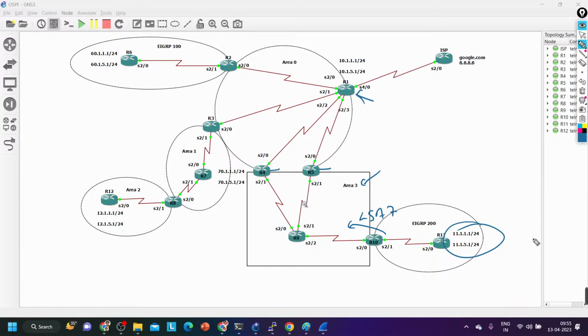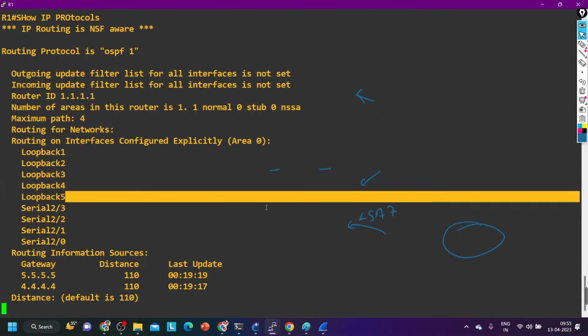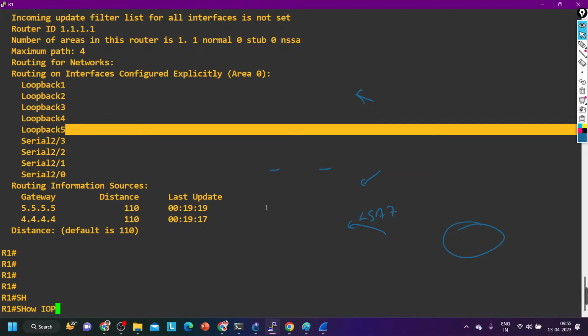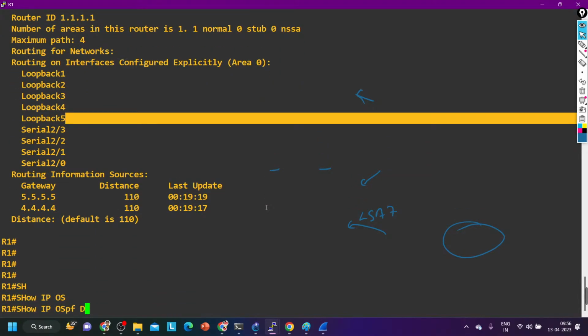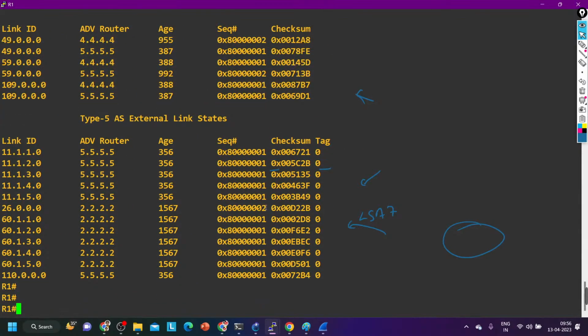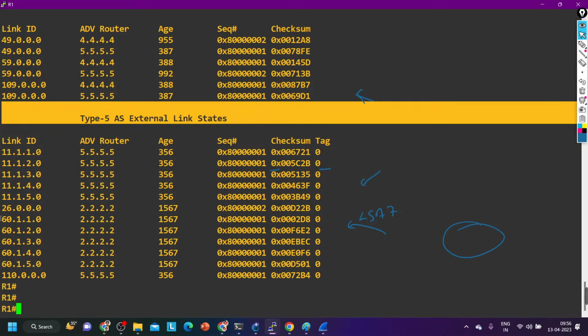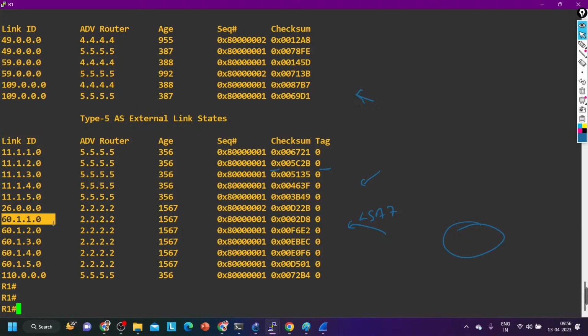So if you will check database of router 1, so IP OSPF database. See, this router is getting what? LSA 5. In the form of LSA 5, this router is getting 60 prefixes as well as 11 prefixes. Yes or no?